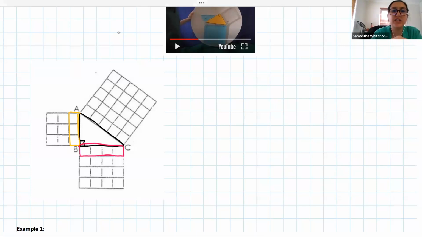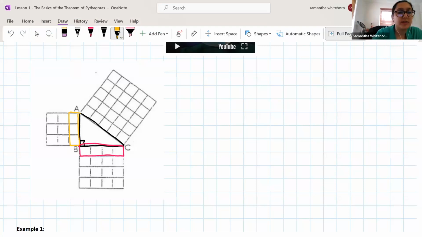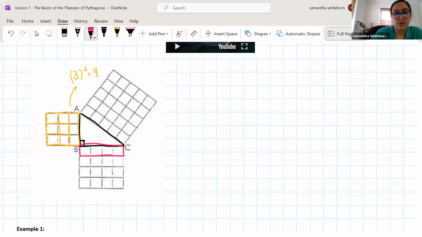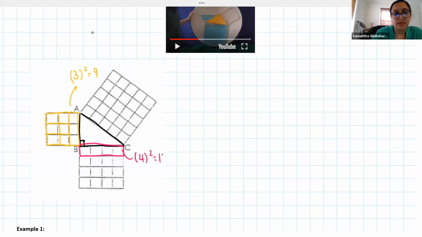So Pythagoras says if we square these sides, so if we square a side that's 3 units long, we end up with 9. And this is why we end up with 9 blocks in total here. And if we square a side that's 4 blocks long, we end up with 16 blocks. This is why we have 16 blocks in total on this pink block. If we take those two things and add those 2 blocks together, we end up with the third side squared.